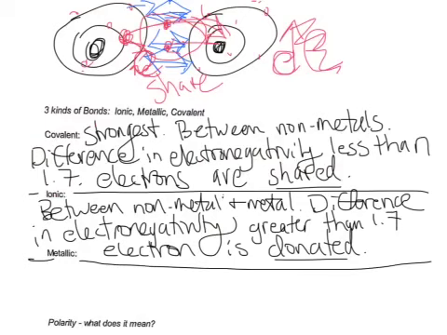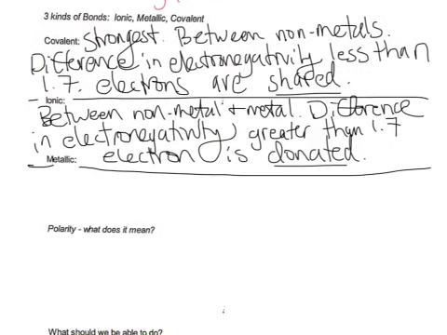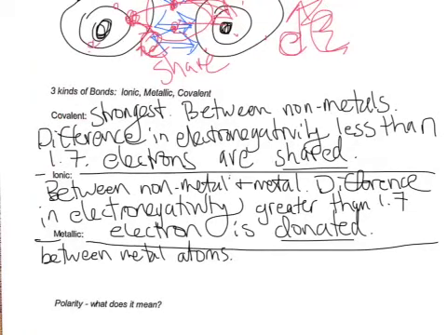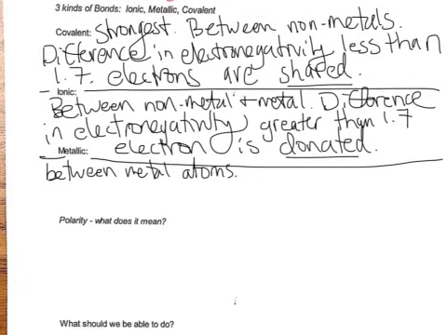Metallic bonds happen obviously between metal atoms. In covalent and ionic situations, it's one specific molecule that's made. Metallic bonds happen between a bunch of atoms, and they just kind of mush together and don't necessarily make one specific molecule that bonds to others.